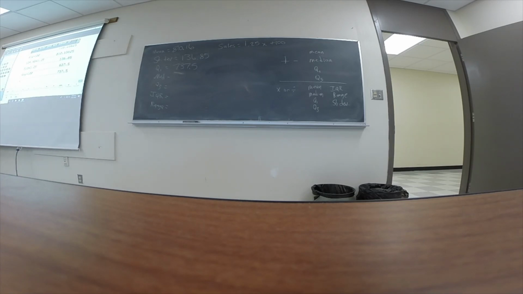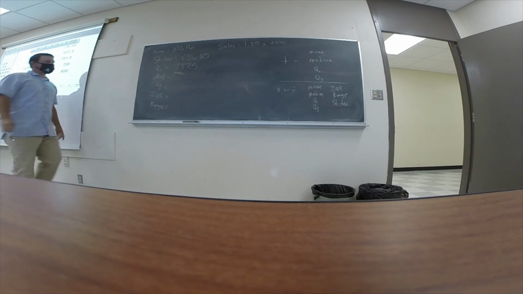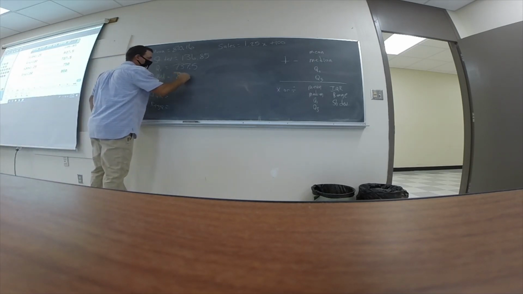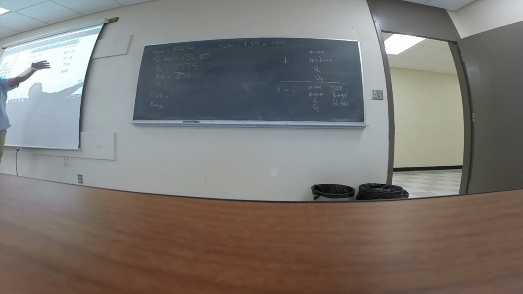Median is affected by both, so I'm going to do both. Okay, so 600 times 1.25, and I'm going to add 100 to it. 850. Q3 is affected by both, so I'm going to do both to it.